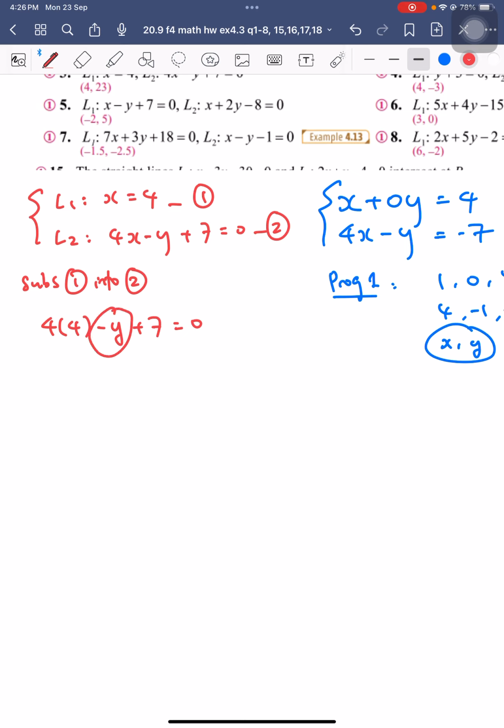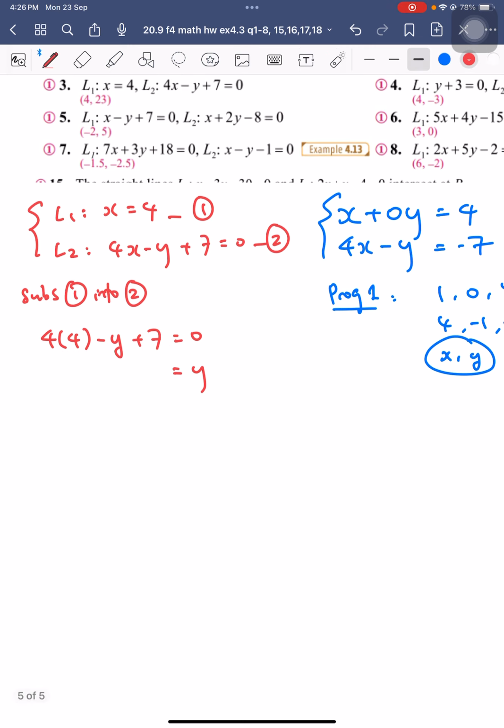We have a negative y here, so move it to the right and it becomes positive y. 4 times 4 gives you 16, plus 7 gives you 23. So now I get the value of y is equal to 23. So you can say that the intersection is (4, 23). So that's for question 3.